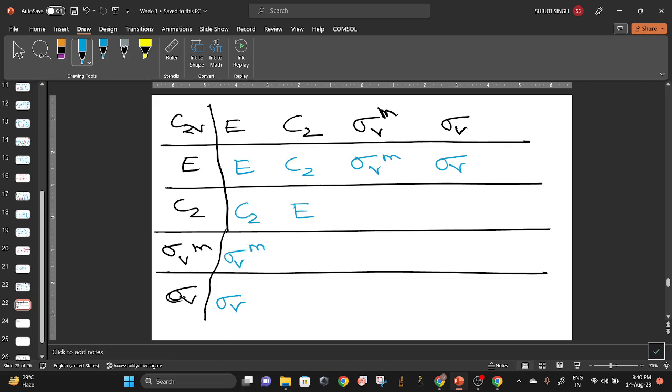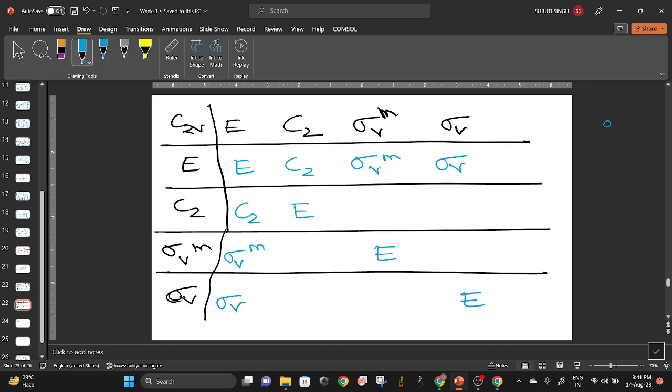Let's do the easy ones, all E ones. 2 times molecular plane you will get E, 2 times reflection you will get E. Okay, now what else? Molecular plane, then C2, these two. You will get sigma v only.